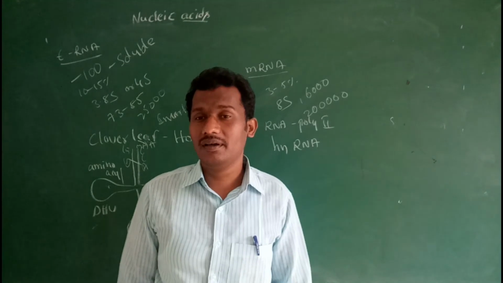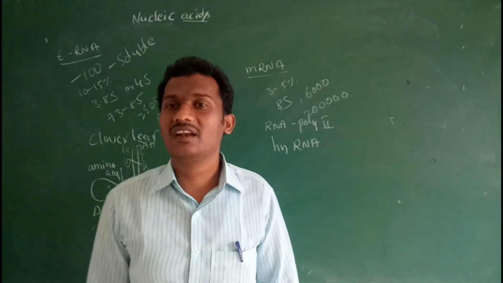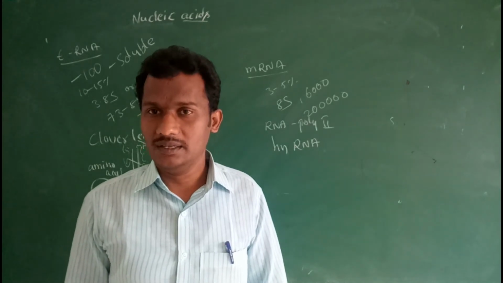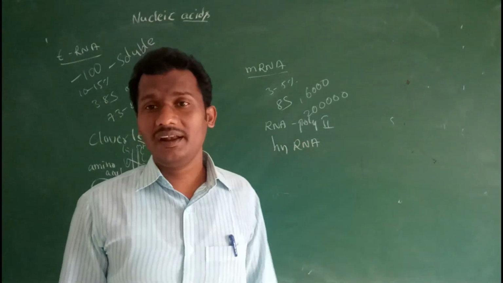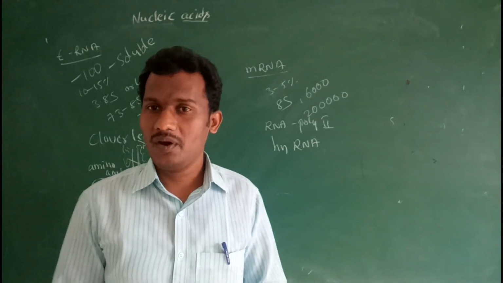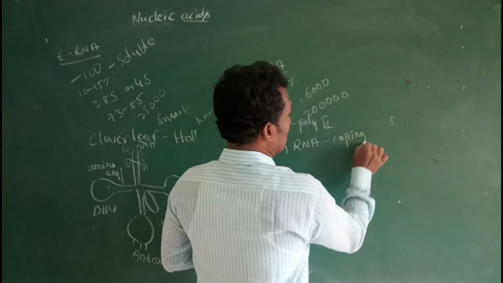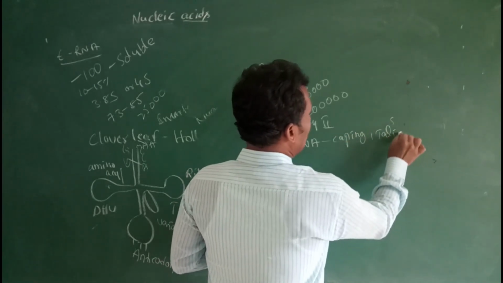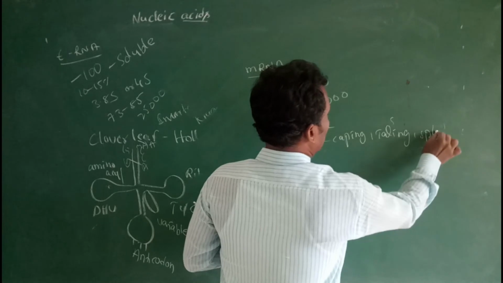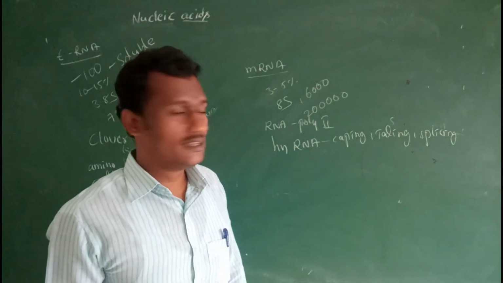But in eukaryotes, non-coding sequences, introns, are present. So hnRNA requires some processing to become active mRNA. These processes are known as capping, tailing, and splicing.